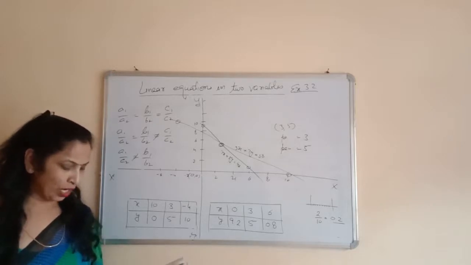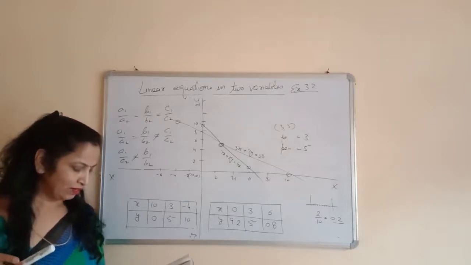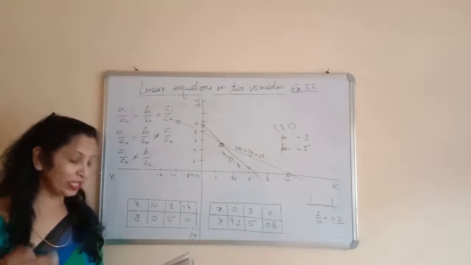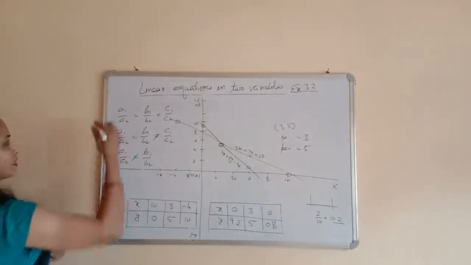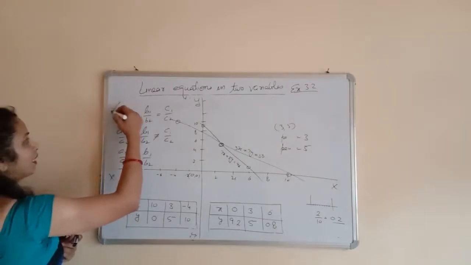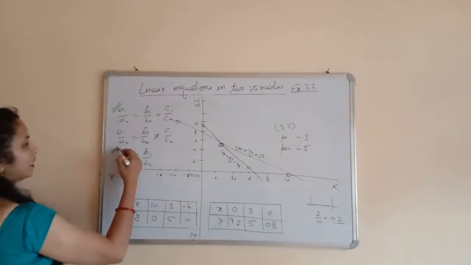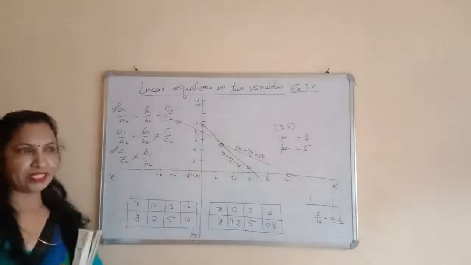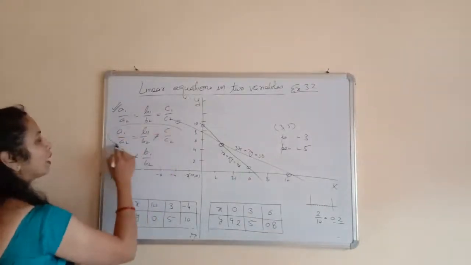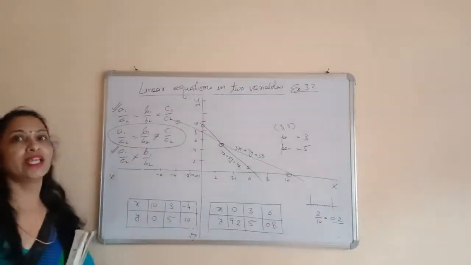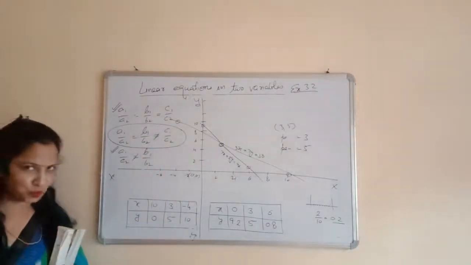In the third question, you have to say whether the equations are consistent or inconsistent. Both the coincident lines and the intersecting lines are consistent. They have solutions. And parallel lines are called inconsistent. They have no solution.